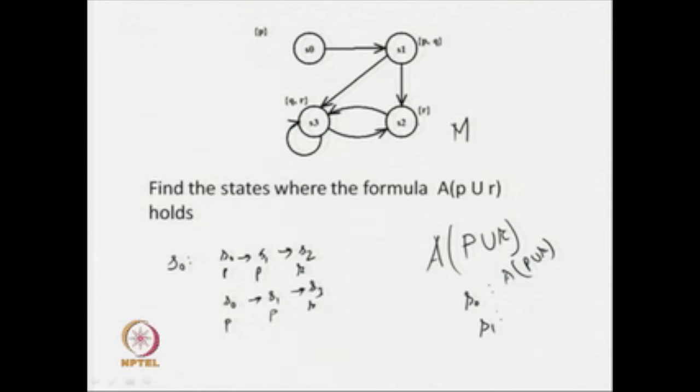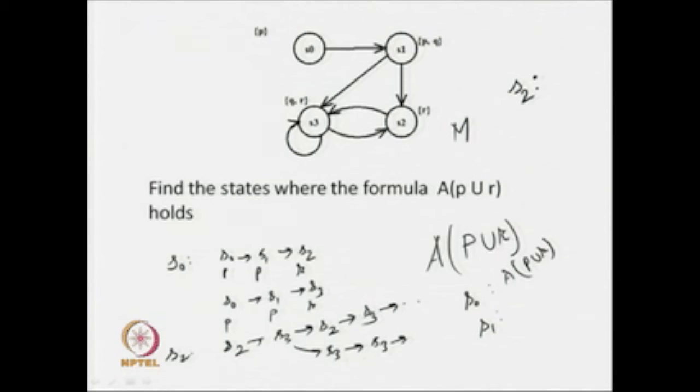Now, we look into state S2. In S2, we have a path from S2 to S3, S3 to S2, and S3 to S2 to S3, like that. Along with that, when I come to S3, it can remain in S3, S3, like that.